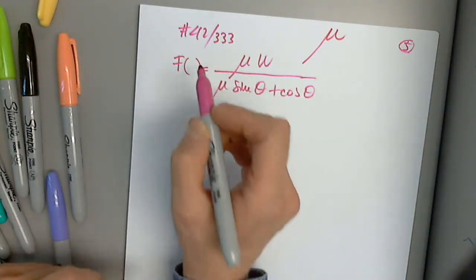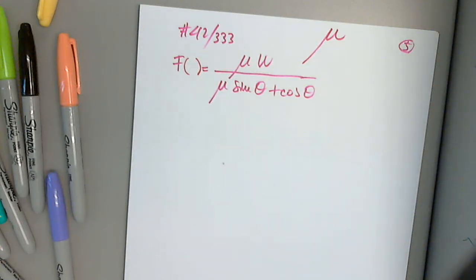So what do I put in here? It's very important to identify the variable. In this class, we cannot have more than one, like in Calc 1. So which one is the variable? Theta. For what value of theta is F the smallest?